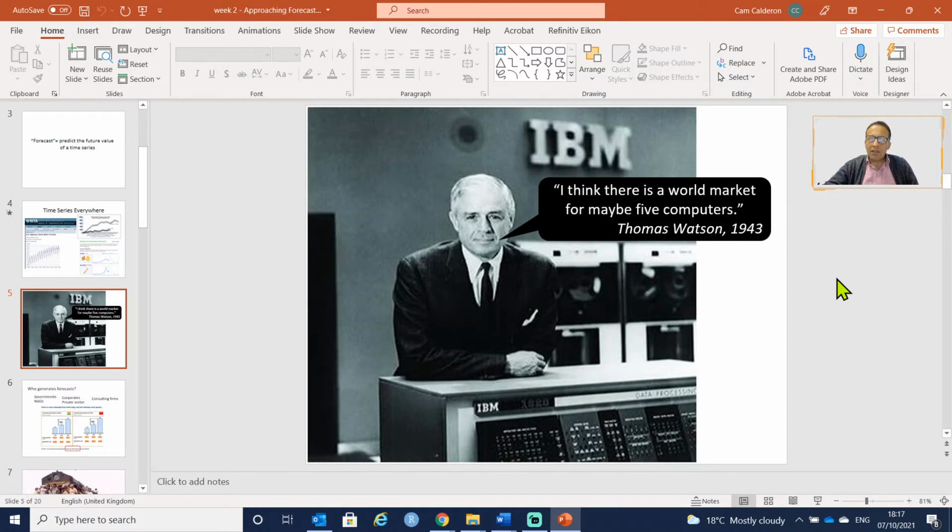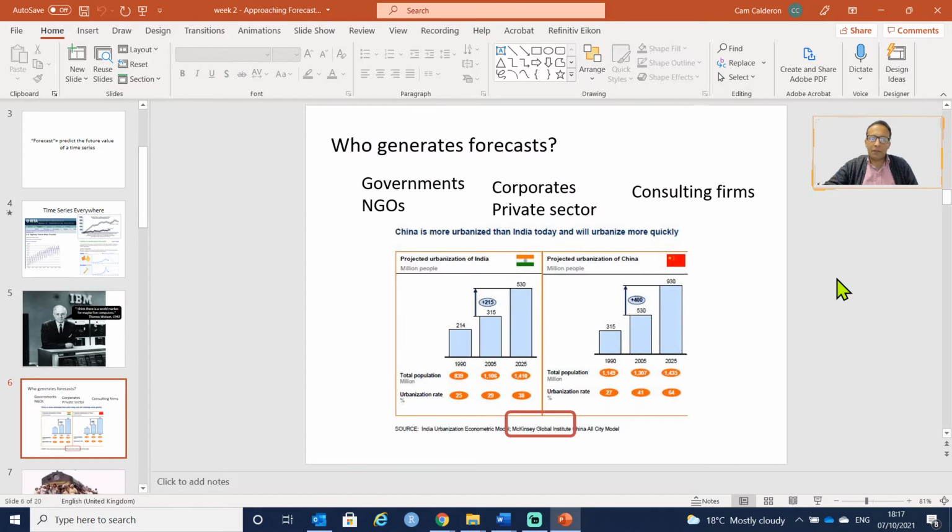Here you have Thomas Watson. He thought that his computers were going to be for only five persons in the world. You can see more examples of that. Here is the source in the urbanization econometrics model. You can see how they predict the population growth in China and in India.